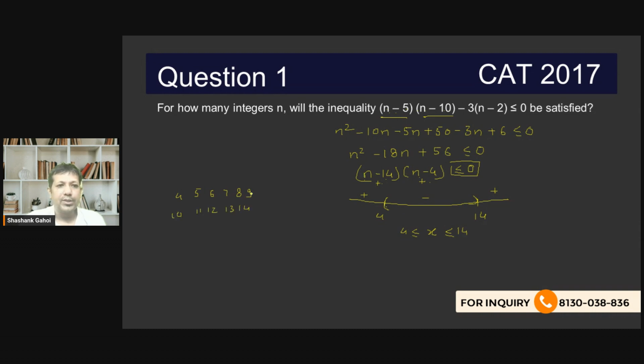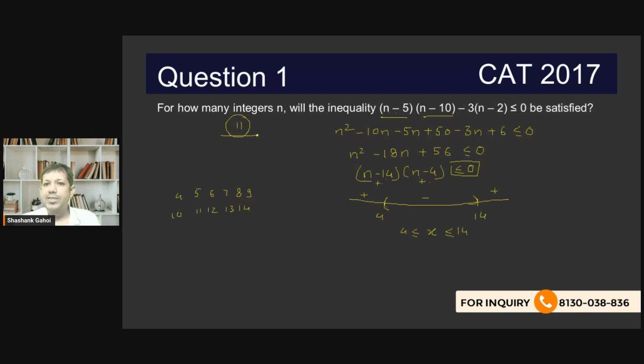So that's 11 integers, and the answer to this question is going to be 11. So whenever you see this kind of question, your job is to write it in the factorized form and get the answer accordingly.